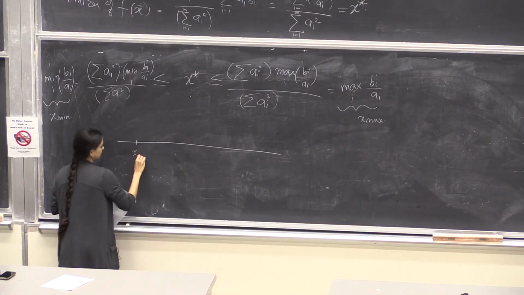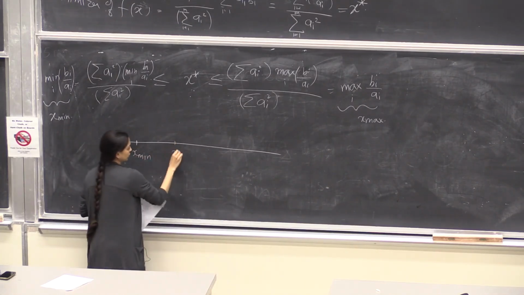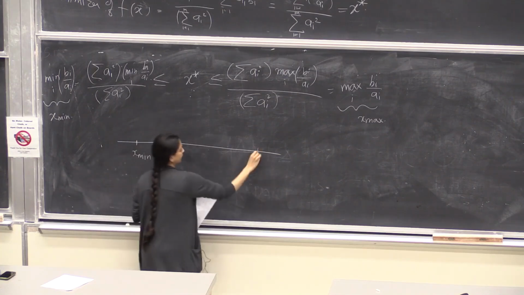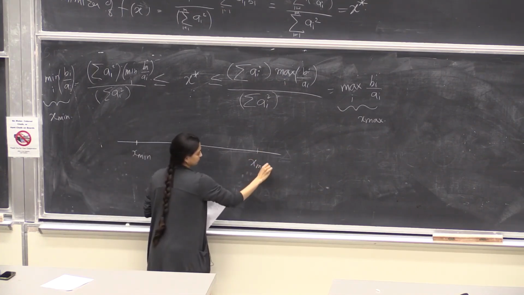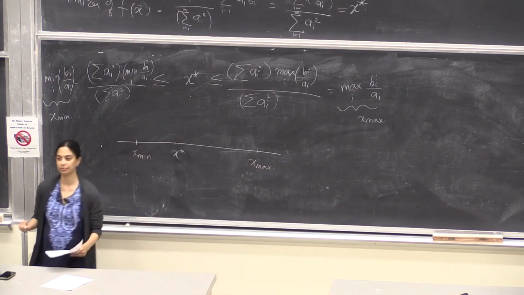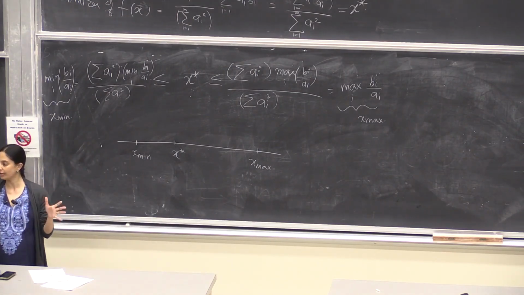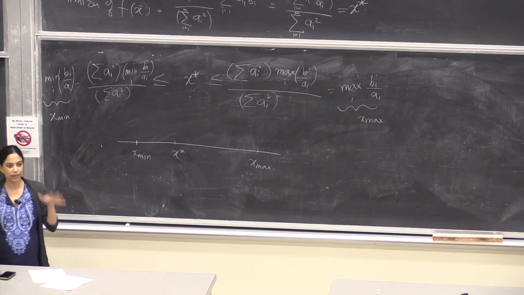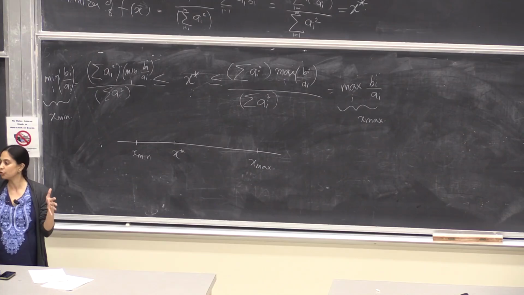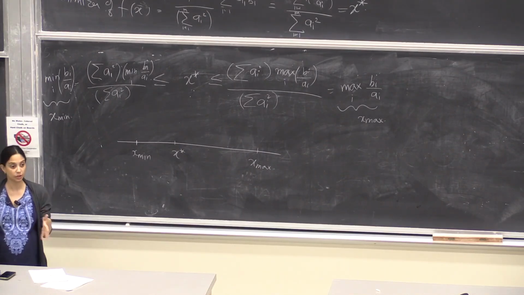I have x min here, then x star is somewhere here, and then I have an x max somewhere over here, right? Basically, of the minimizers of f_i, my minimizer, the one that I'm interested in, is somewhere in the range of those same minimizers. It's in between the largest and the smallest.